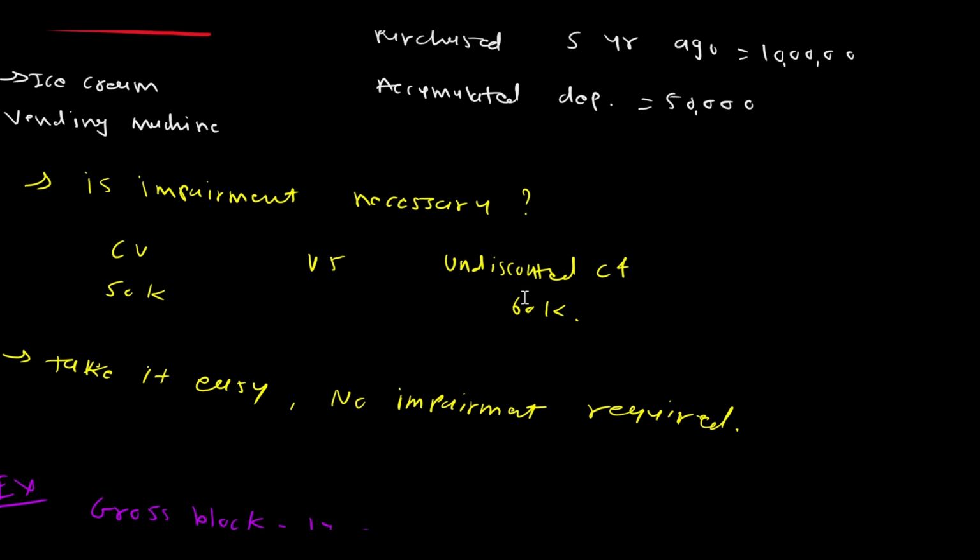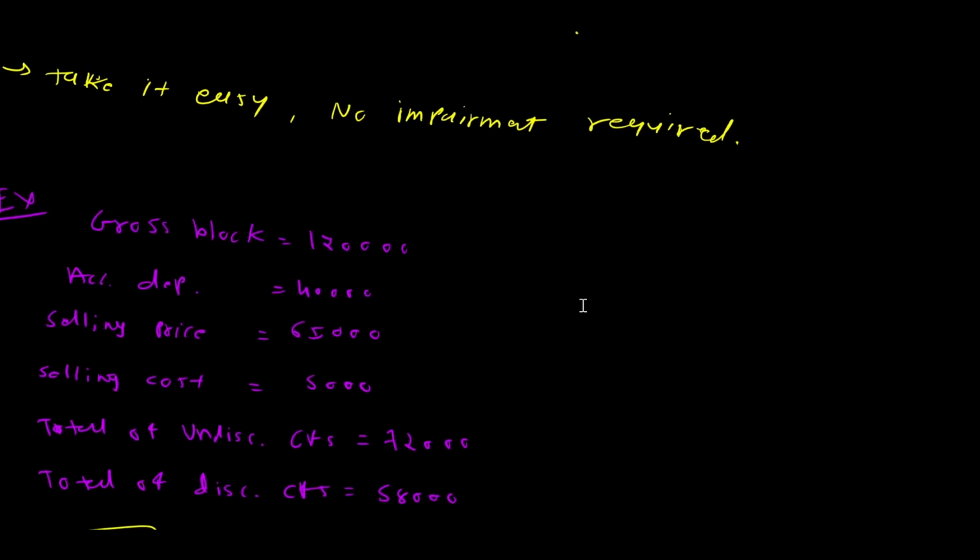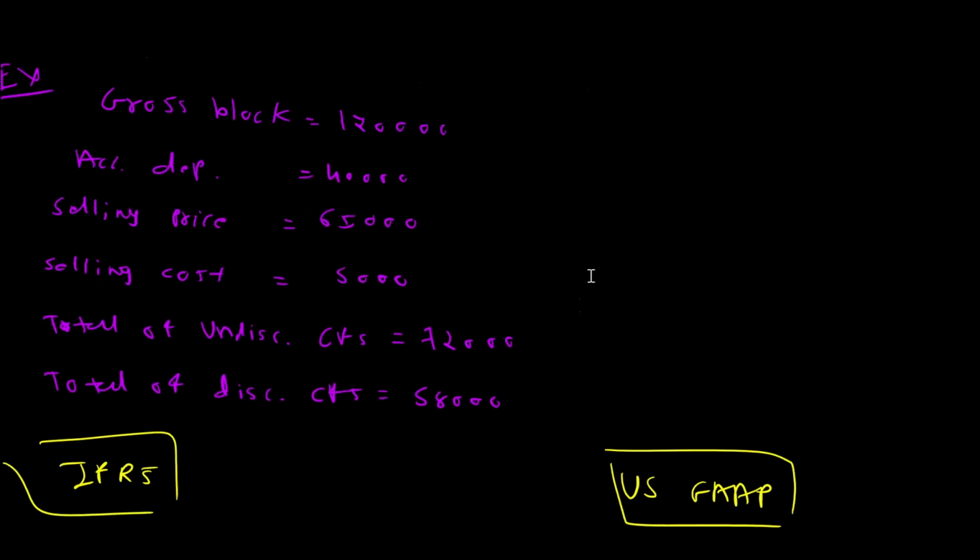I will not check the present value of that cash flow. I will just check whether my cash flow is higher or not. If undiscounted cash flow is higher, I don't impair.